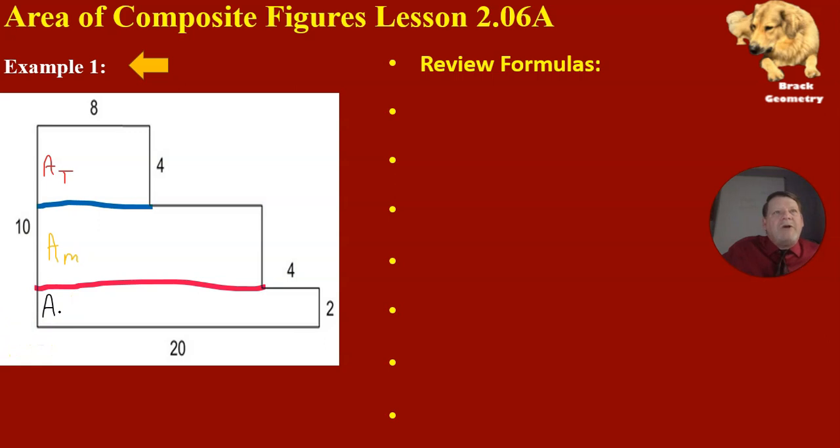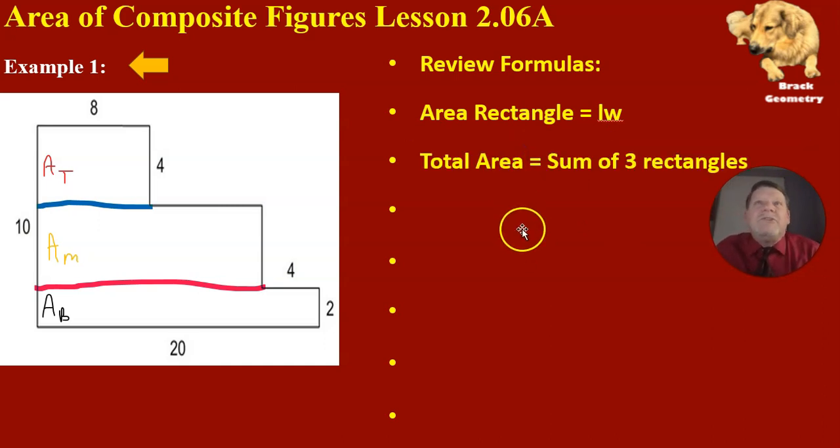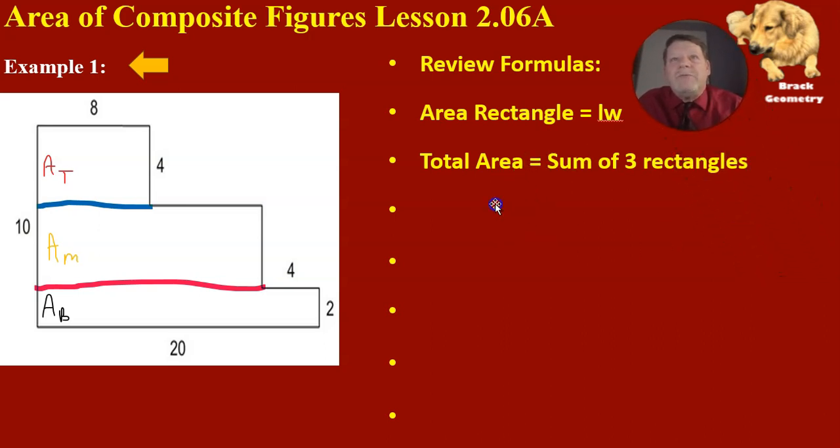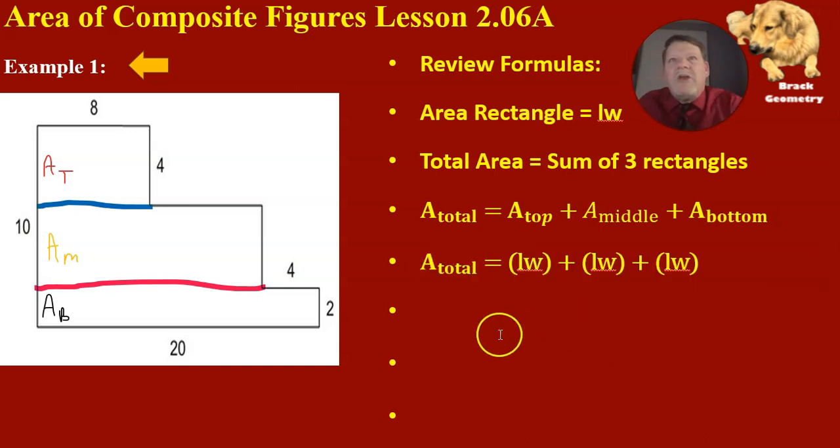And then to find the total area, you're going to add all of them. Okay? So we just have to go through this now. The area of each rectangle is going to be the length times the width. The total area would be the sum of all of those. So I'm going to take the area of the top plus the area of the middle plus the area of the bottom. So you're going to have to find each area.